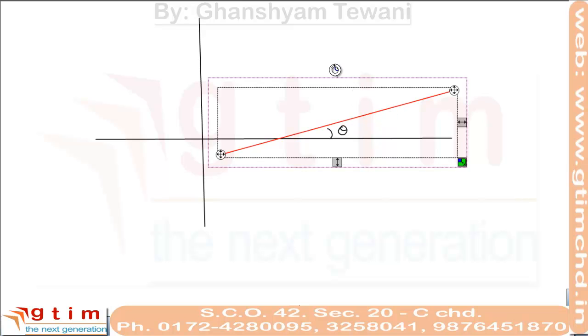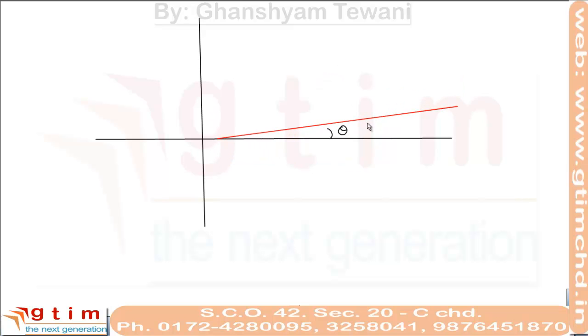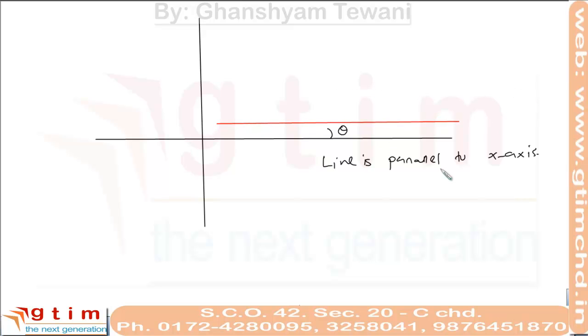Now here theta is becoming smaller, the value of tan theta becomes smaller, and when this line is parallel to the x-axis, जब लाइन x एक्सिस के पैरेलल होगा तो उसका x एक्सिस के साथ एंगल क्या हो जाएगा, 0 डिग्री. देन स्लोप ऑफ लाइन पैरेलल टू x एक्सिस, slope is tan 0, that is 0.